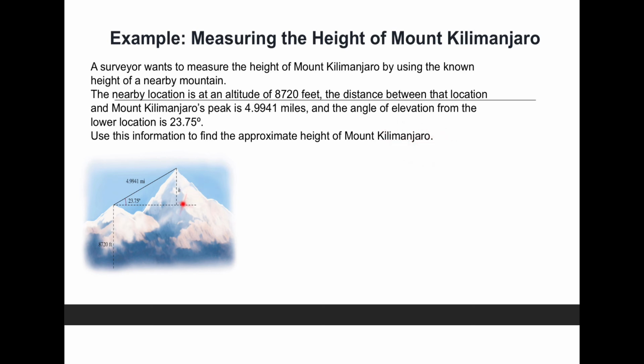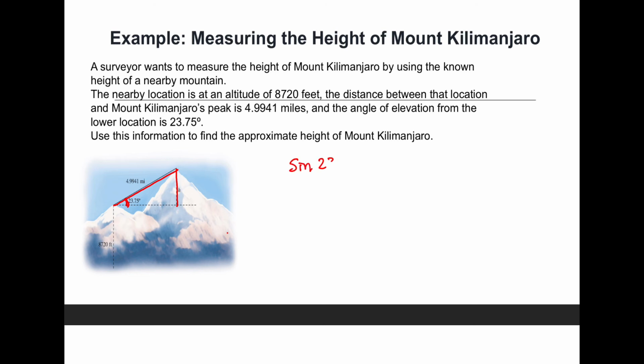So we want to first find h. We're given this distance, which is the hypotenuse, and we want to find the height, which to this angle that we know is the opposite over hypotenuse. This is a perfect sine situation.